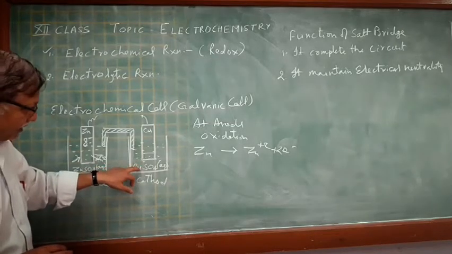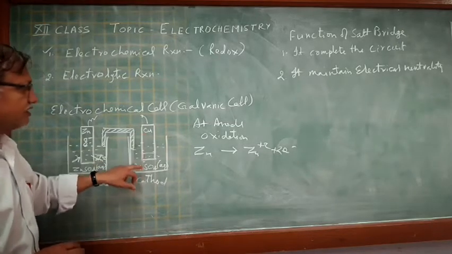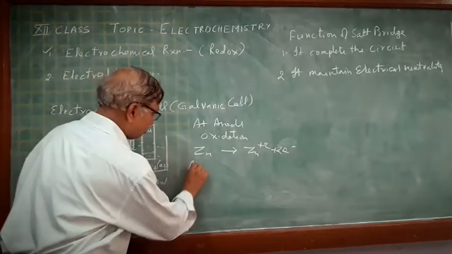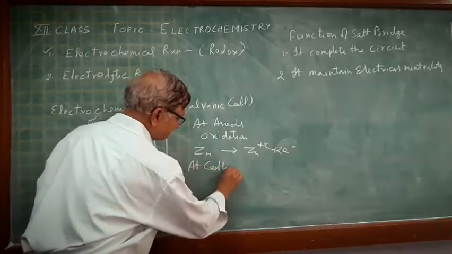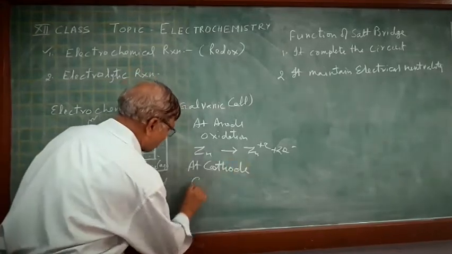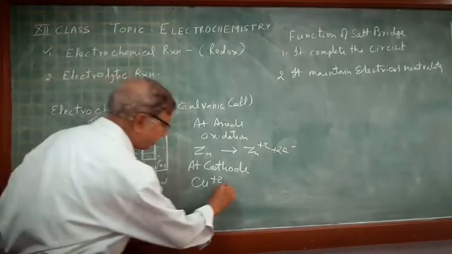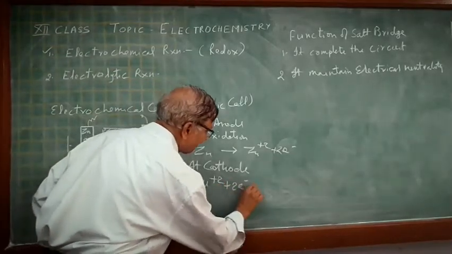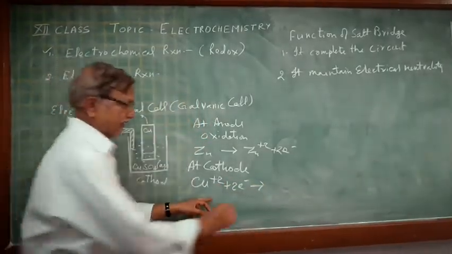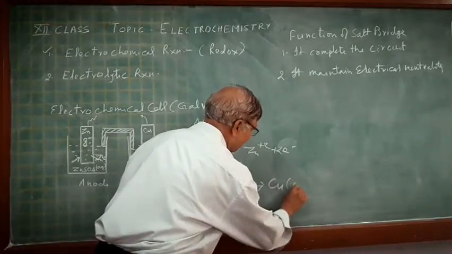On the other hand, at the cathode, that is copper, copper ions from the solution undergo reduction, meaning they gain 2 electrons and convert into copper.